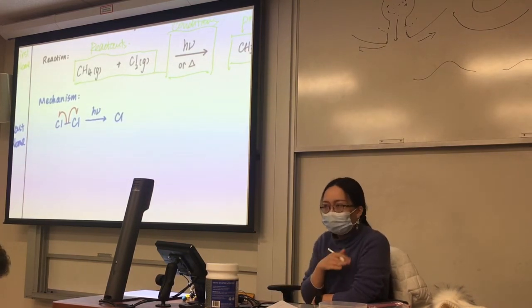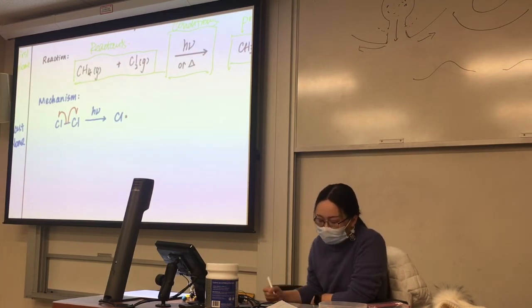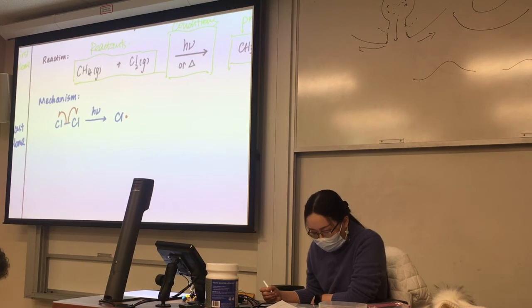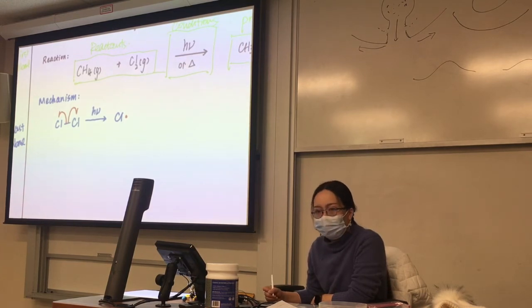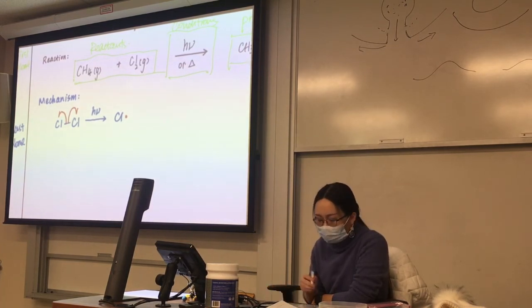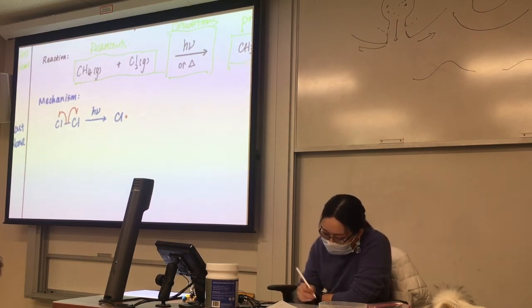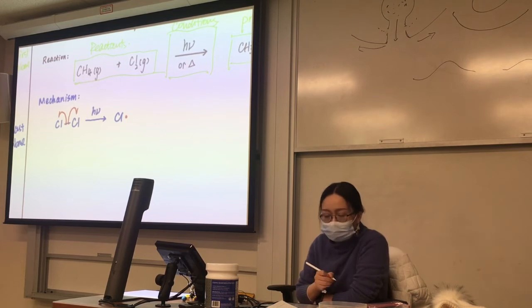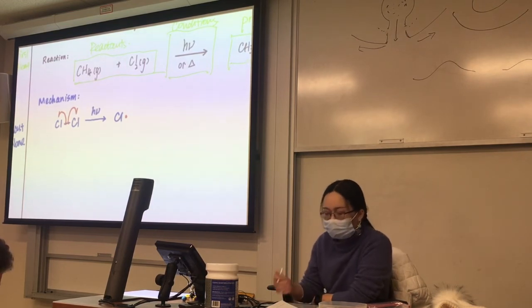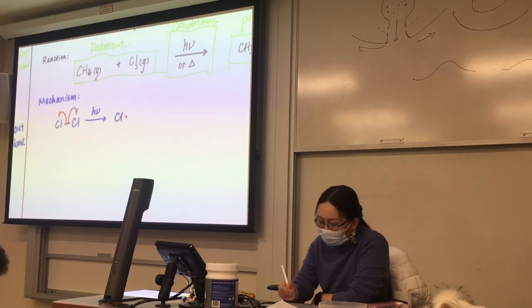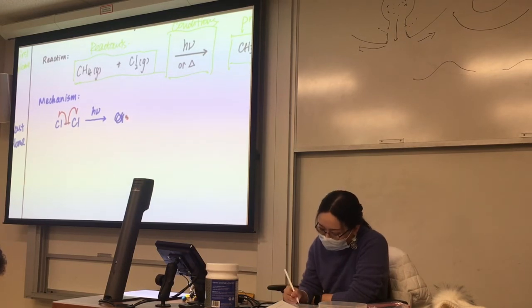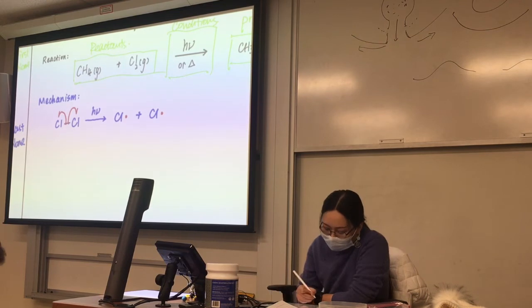My habit, and I want this to become your habit as well, is to label the electron with the color you draw for the arrow. For example, if I draw red for the single-ended arrow, this bond consists of 2 electrons, so each electron goes with an atom. Actually there are 2 of them, but I just draw one. So it's actually these 2.